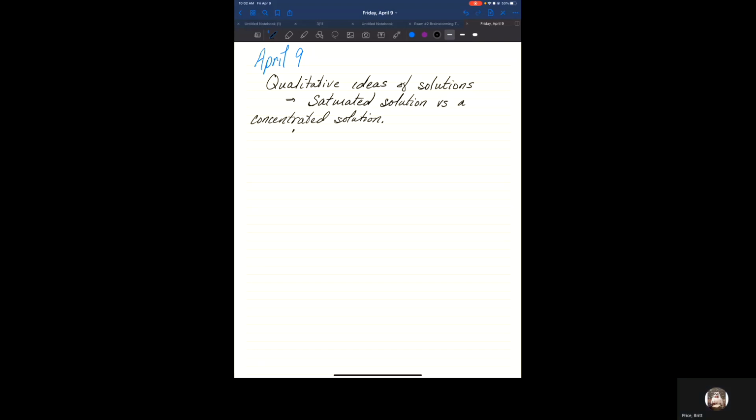Saturation refers to the maximum amount of solute that can be dissolved in a particular amount of solvent under certain conditions. So a saturated solution is in reference to what's called solubility.